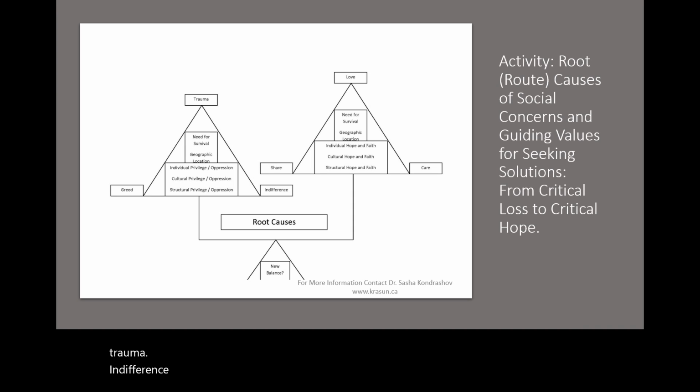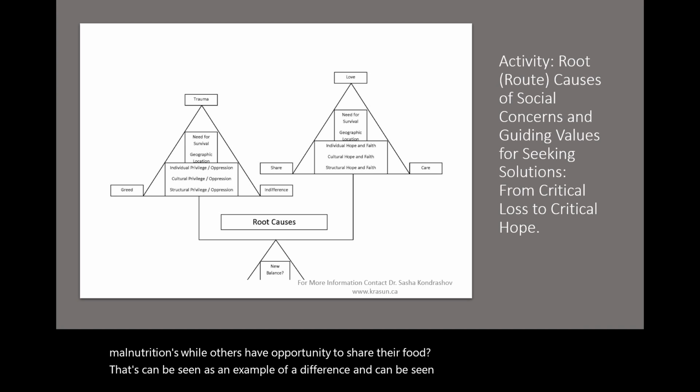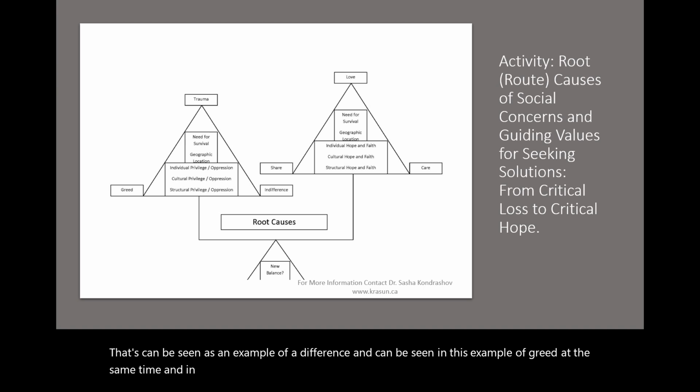That can explain why in some countries people are dying from malnutrition, while others have opportunity to share the food. That can be seen as an example of indifference and can be seen as an example of greed at the same time. And in most cases, it creates a trauma experience for groups who need that for survival.